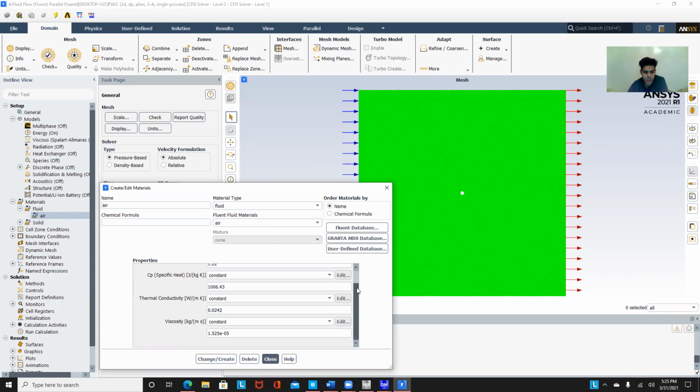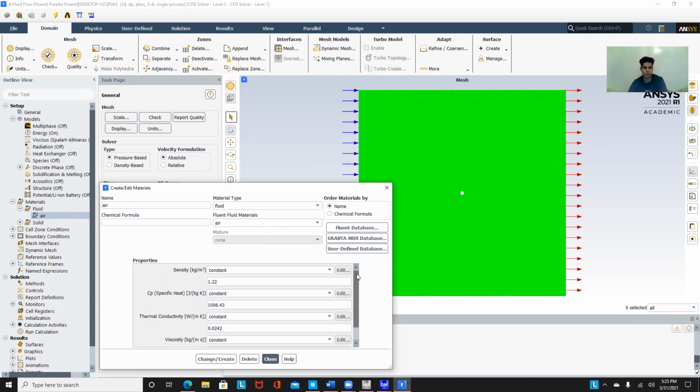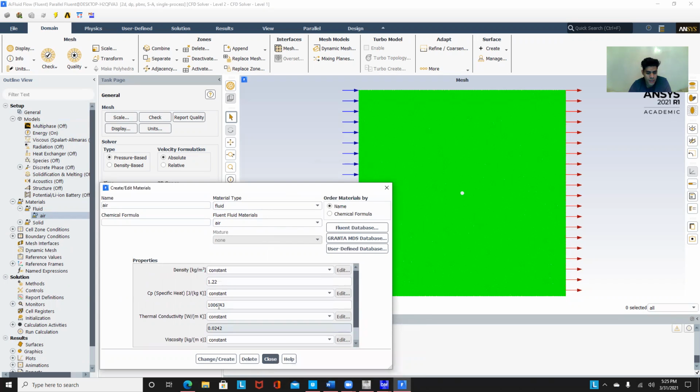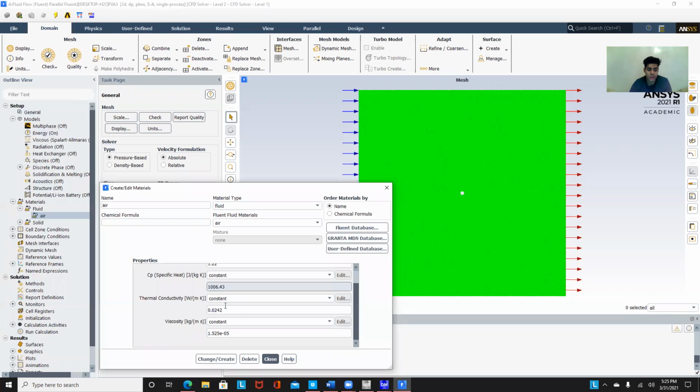I used a density of 1.22 kilograms per cubic meter. So we know that the equation for Reynolds number is density times velocity times diameter divided by the viscosity.